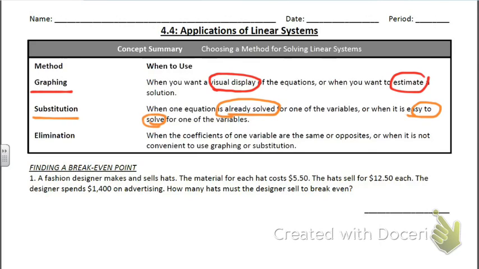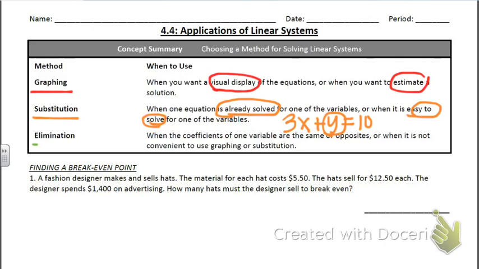So I also circled easy to solve. If I have maybe 3x plus y equals 10, it's really easy to get that y by itself, right? So sometimes substitution might be a better method if you can easily isolate either the x or the y in one of the equations.